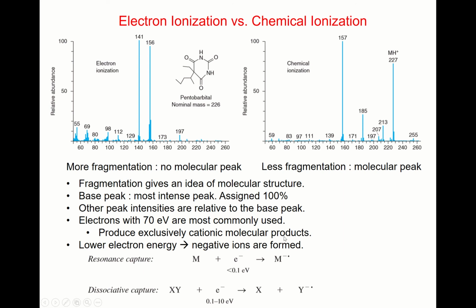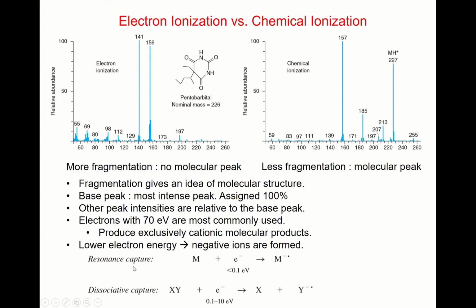As I said, either cations or anions can be produced, but with this high electron energy, cationic molecular products or fragmentation products are exclusively produced. But if you employ lower electron energy, you may produce negative ions by these two mechanisms.